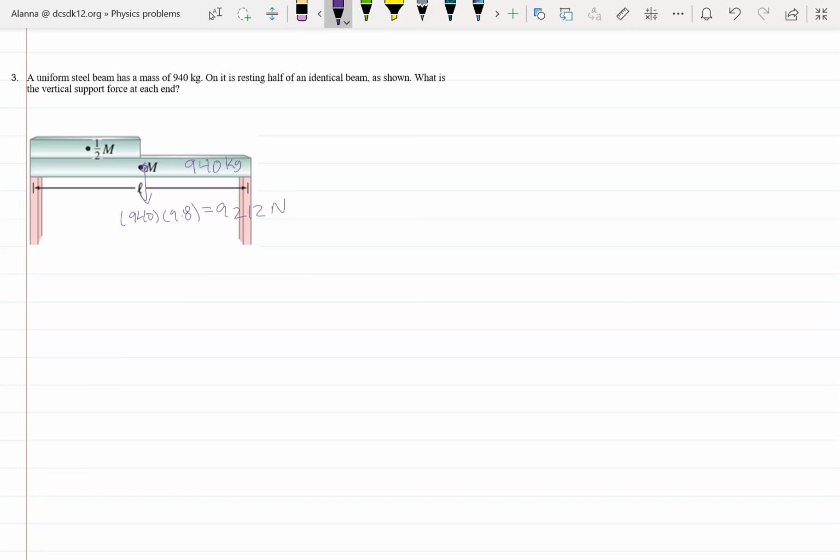And then 940 divided by 2 is 470 kilograms. And then that weight is going to be 470 times 9.8, which is equal to 4,606 newtons. We need to make sure that the forces and the torques balance.